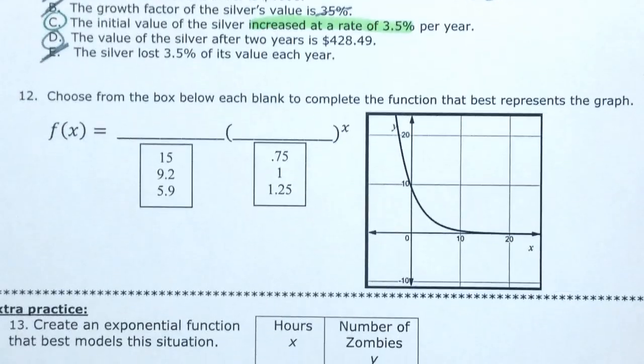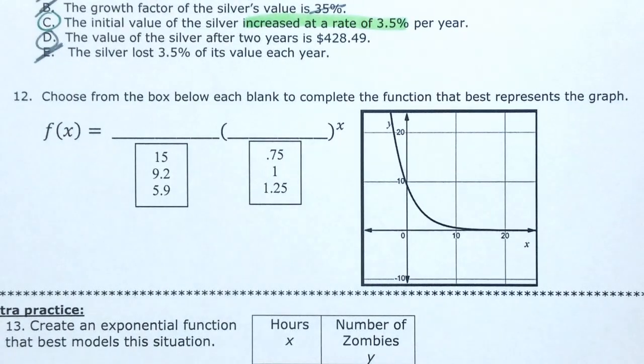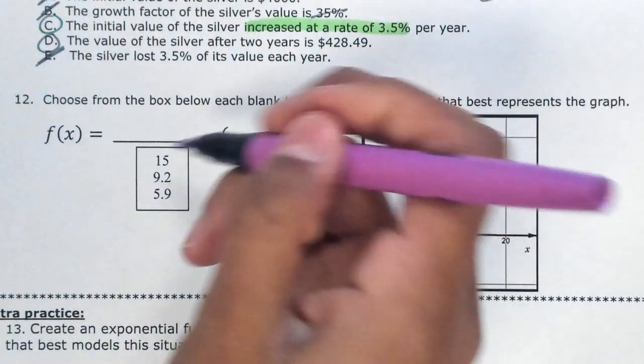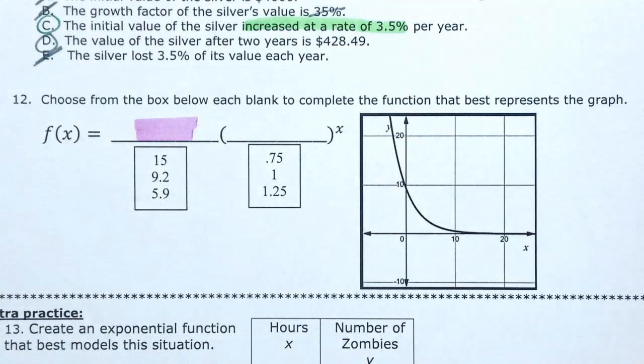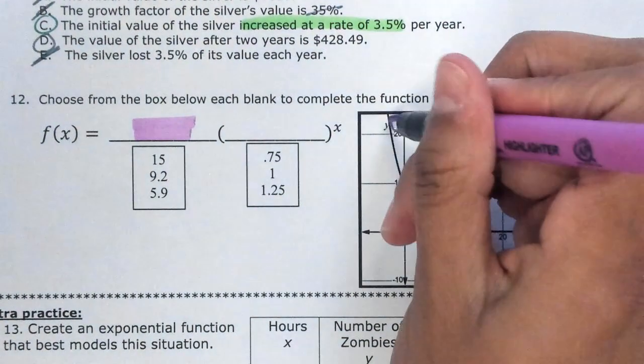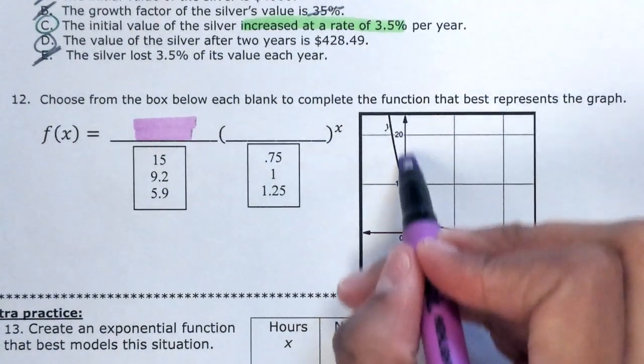Number 12 says choose from the box below each blank to complete the function that best represents the graph. Remember that the first blank is going to be your starting amount or your y-intercept. We talked about that on page 1. So here's your y-axis right here.